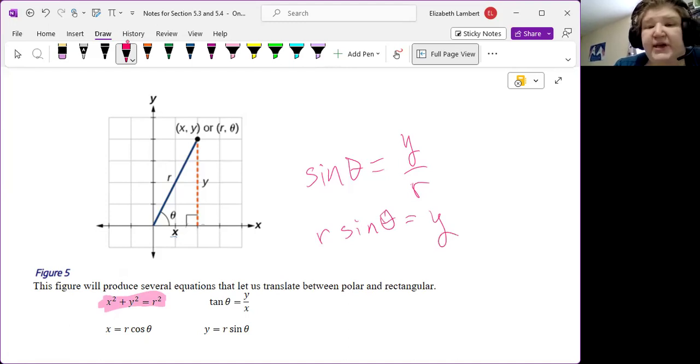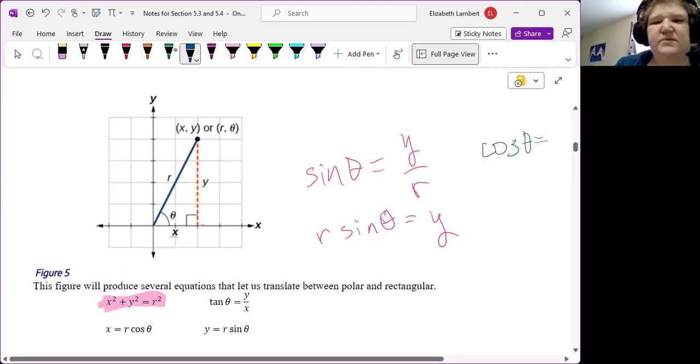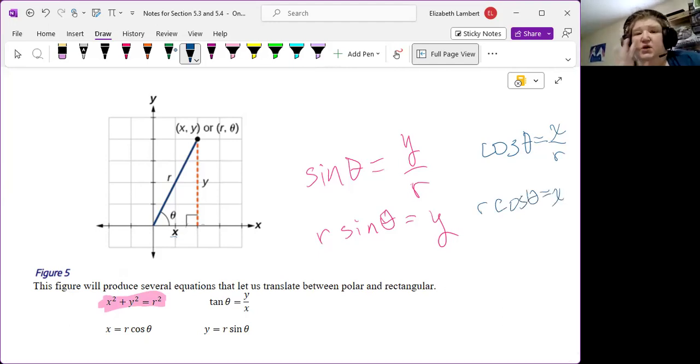And then similarly, if we do the cosine of theta, we get x over r, so r cosine theta is x. So we use these four equations when we need to translate something back and forth between.